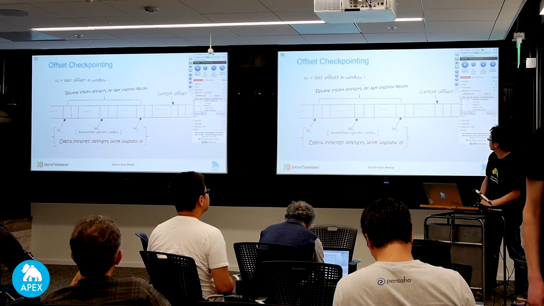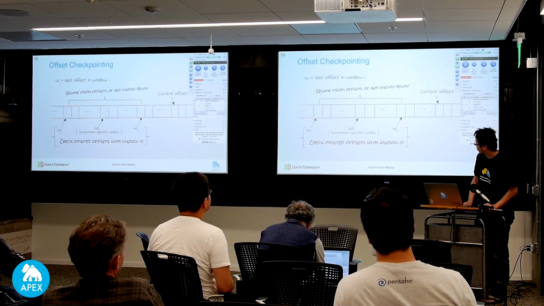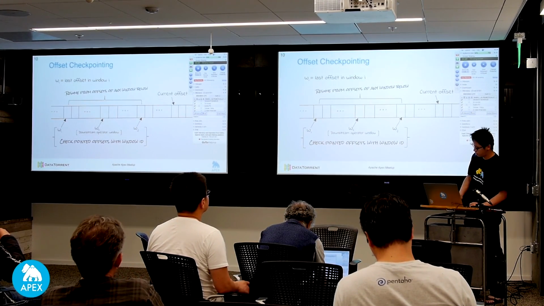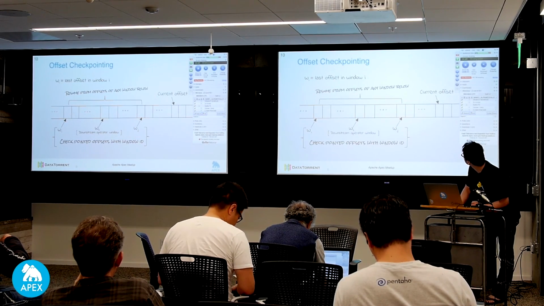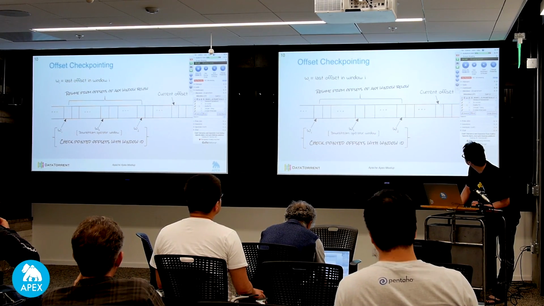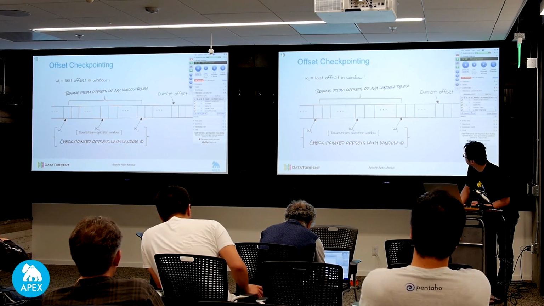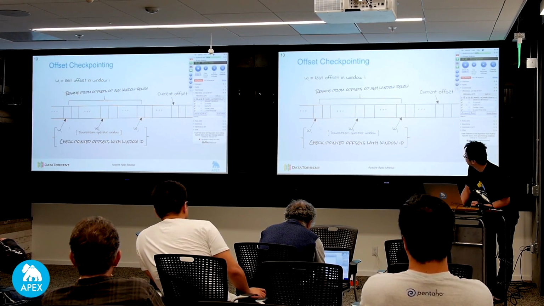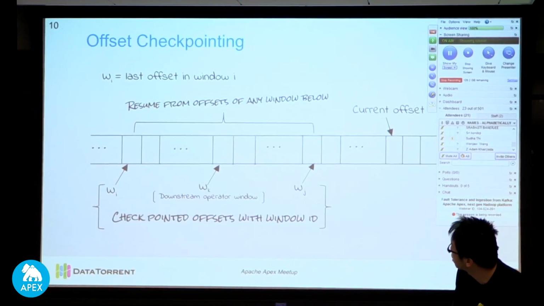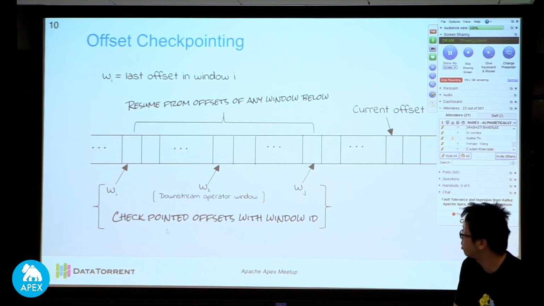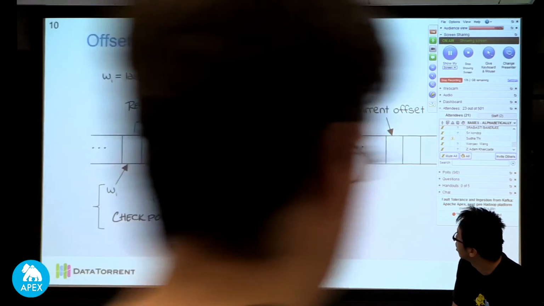So I'm just going to summarize this slide. Let's assume this Kafka input operator is consuming at this position, and it keeps the history offset along with the window ID in memory, and this state will be checkpointed periodically by Apex.